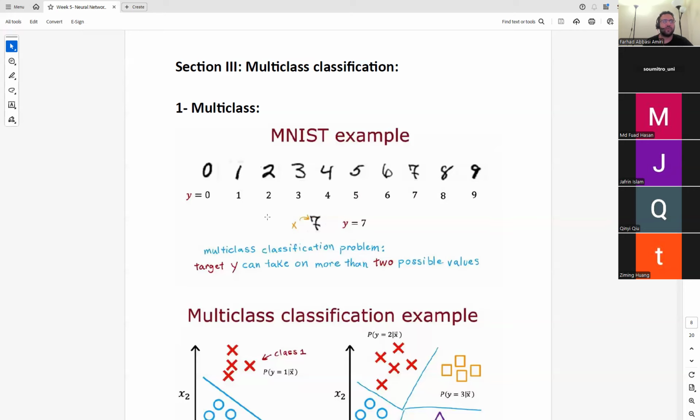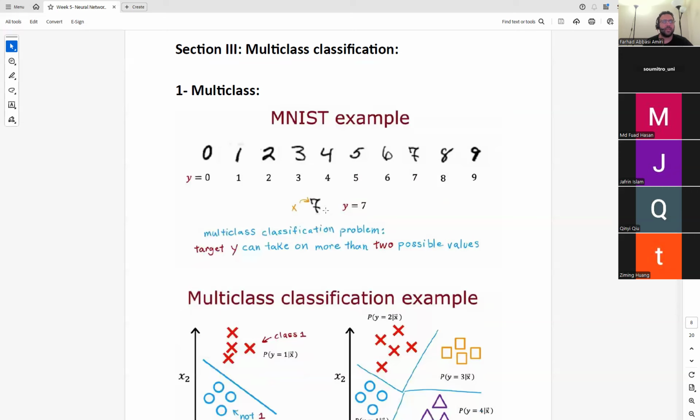For example, if this is an image, the Y could be 7, or 8, or 9, or 0 or 1. It doesn't have just two outputs for Y. It could be any of these numbers.